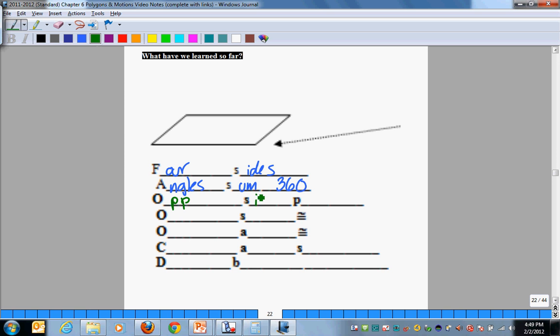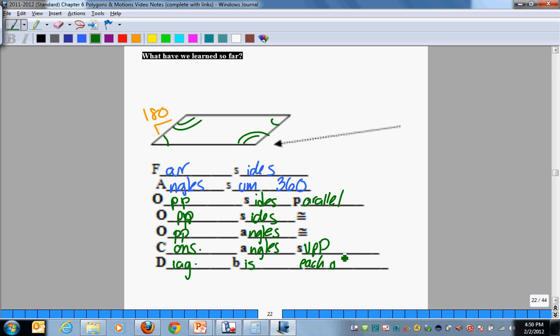We've also learned that opposite sides are parallel, opposite sides congruent, opposite angles congruent, consecutive angles supplementary. And the last is that diagonals bisect each other. They go through each other's midpoints. Those are the qualities of a parallelogram.